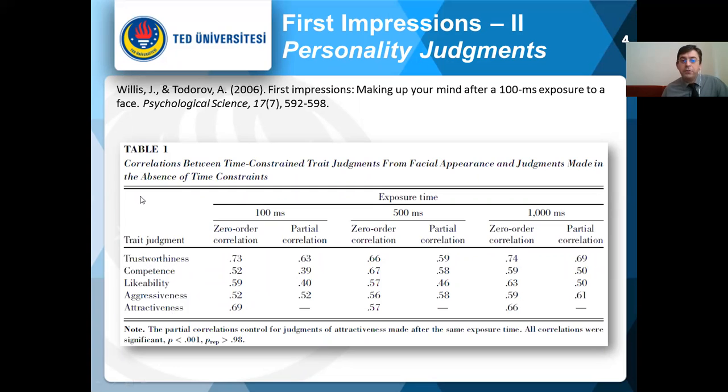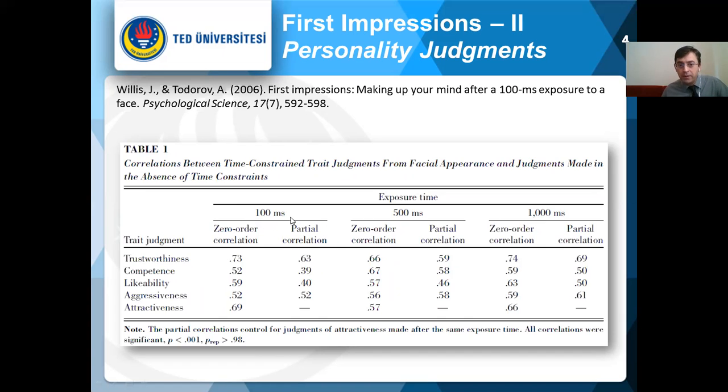And what you observe basically in this table is very similar to what we have observed in the previous study. 100 milliseconds, 500 milliseconds, and 1000 milliseconds exposure times are used as different experimental conditions. So 100 milliseconds is 1/10 of a second, 500 milliseconds is half a second, and 1000 milliseconds is 1 second.